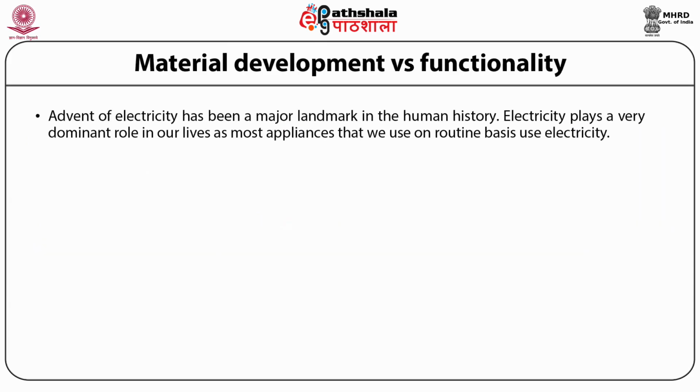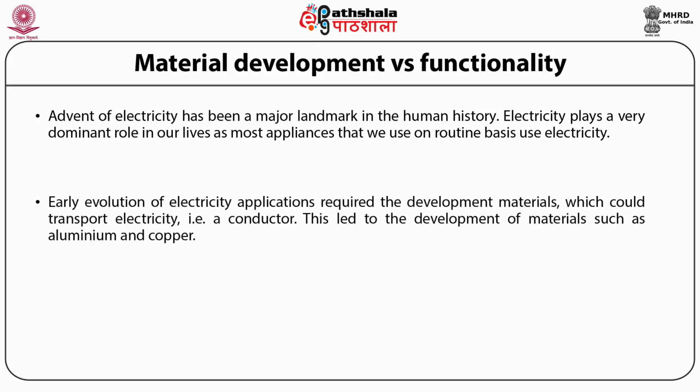Advent of electricity has been a major landmark in human history. Electricity plays a very dominant role in our lives as most appliances that we use on a routine basis use electricity. Early evolution of electricity applications required the development of materials which could transport electricity, that is, conductors.